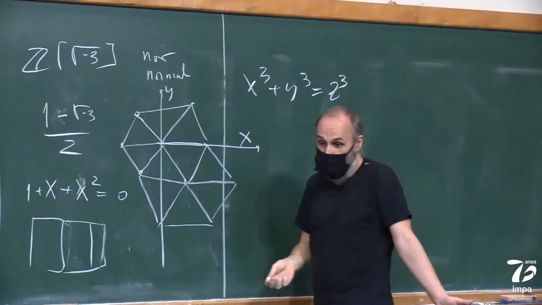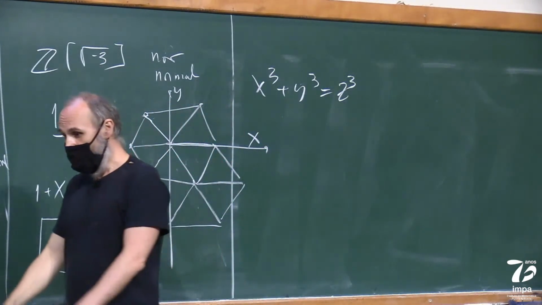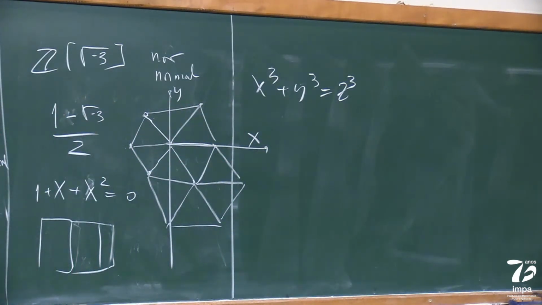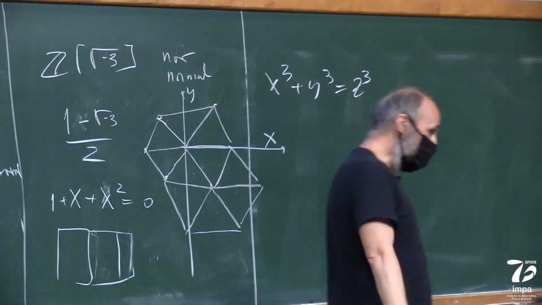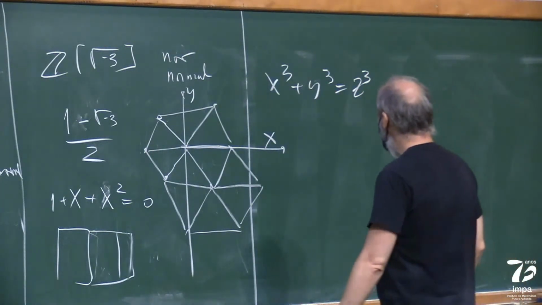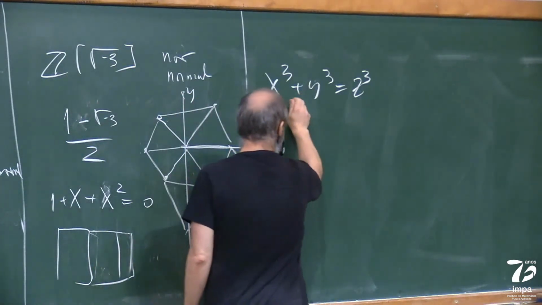To prove that there are no solutions, he used this ring, and it had unique decomposition up to maybe this slight difference. And then he proved Fermat for this exponent.